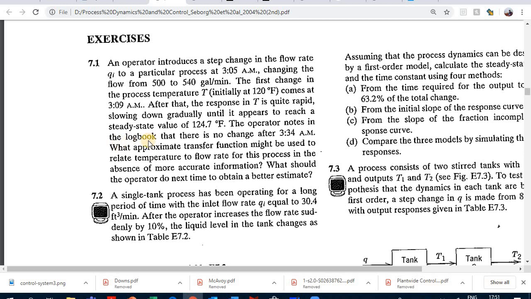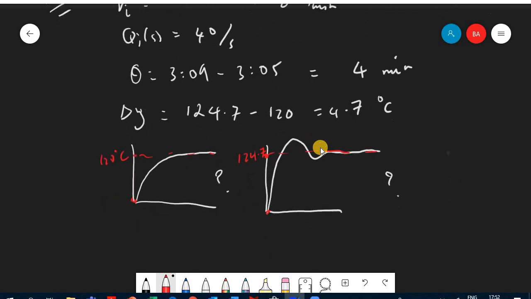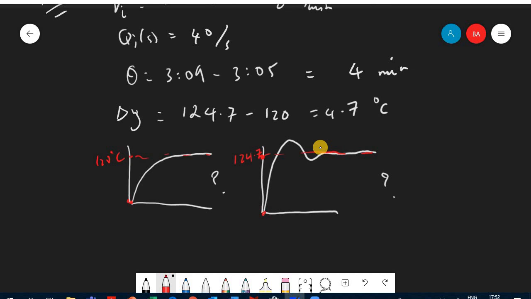Let's continue. I forgot to read that: the operator notes in the logbook that there's no change after 3:34 a.m. He realized at 3:34 that there's no change.